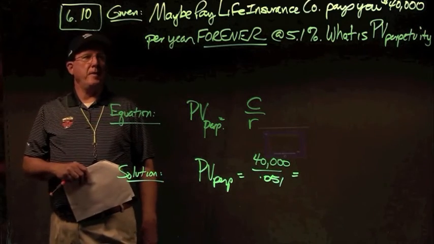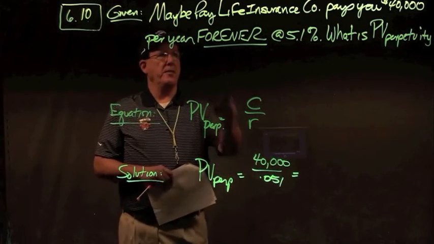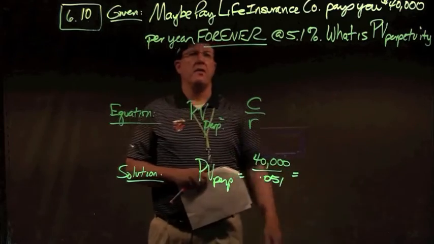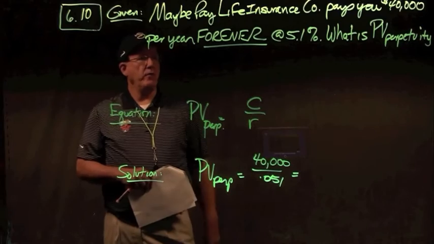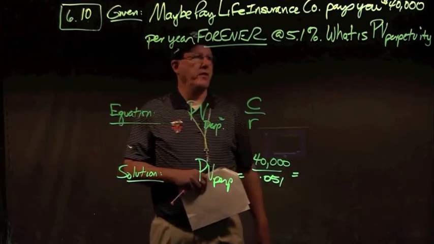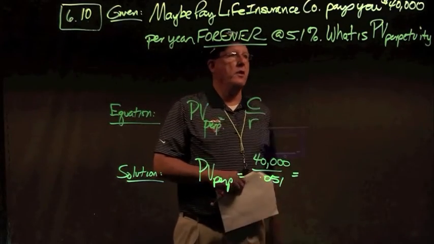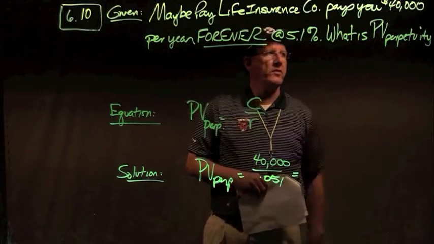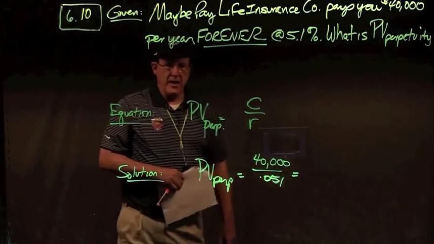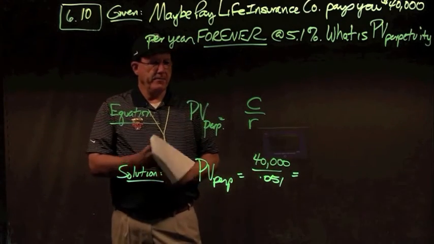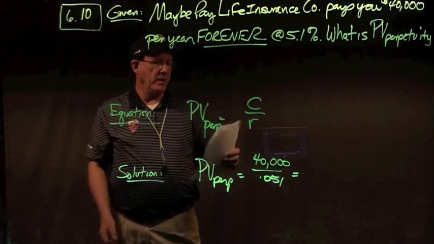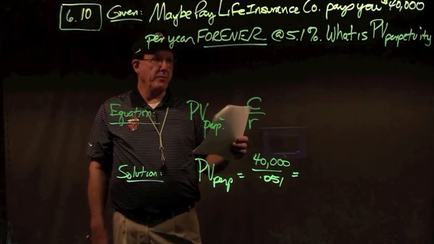Then problem 6.10, the Maybe Pay Life Insurance Company pays you $40,000 a year forever. Keyword being forever. Do I have an annuity? 40,000, 40,000, 40,000, 40,000, 40,000 forever? Yes, I do. At 5.1%, what is the present value of this perpetuity today? Present value of perpetuity is C over R, as we learned in this chapter 6.